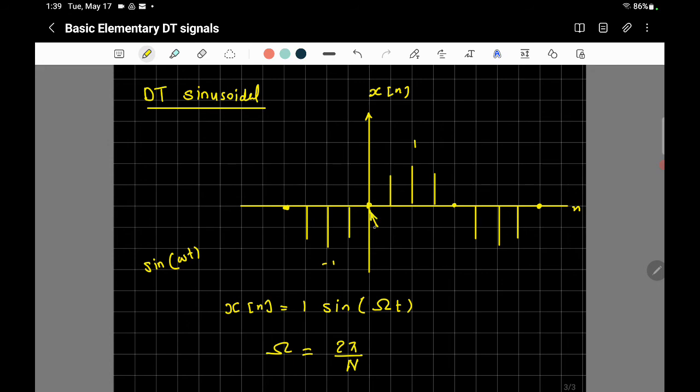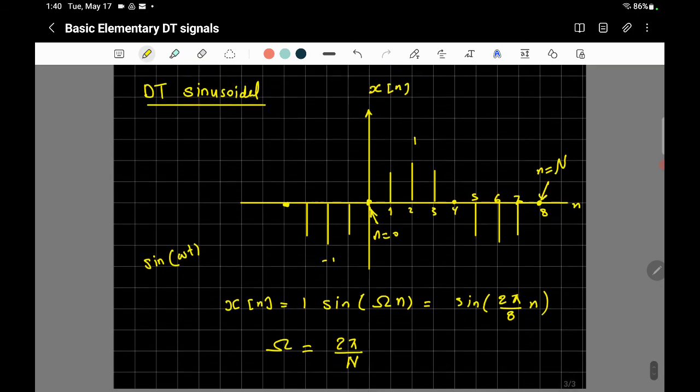If this is small n equals 0, the last one here is n equal to capital N. In this example, let's say n equals 1, 2, 3, 4, 5, 6, 7, 8, so N is equal to 8. So in this example, you write sine, and Omega will be 2 pi over 8. See, there's a mistake here that nobody observed. It's not t, it's small n. So that's how you write it.